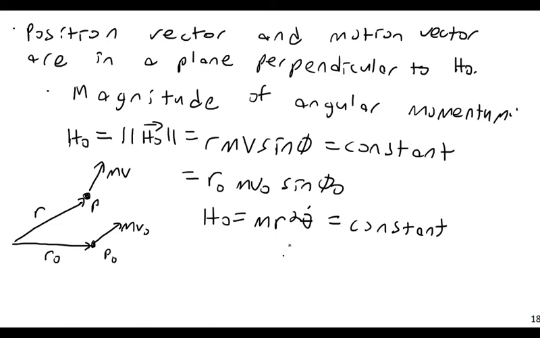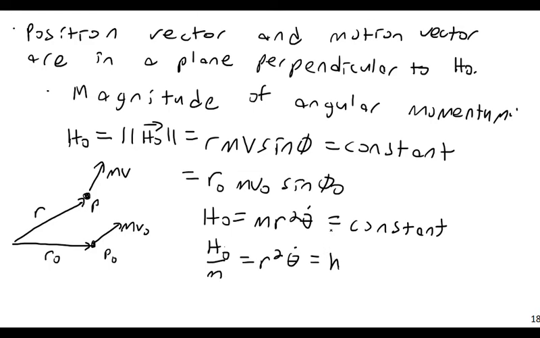Or another way to think of this is if I divide by mass, H_O over mass equals r squared theta dot. Now I'll just call this lowercase h. We do this a lot in many different engineering contexts. We take a quantity like an extensive property that depends on mass, and we turn it into an intensive property by dividing by mass. The extensive property here is total angular momentum, but if we divide by m, we get a lowercase h.